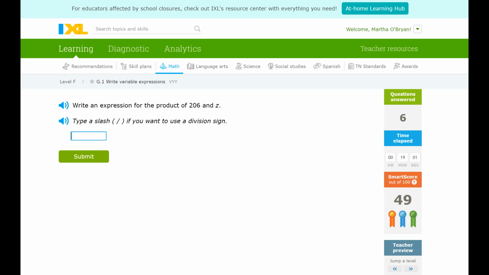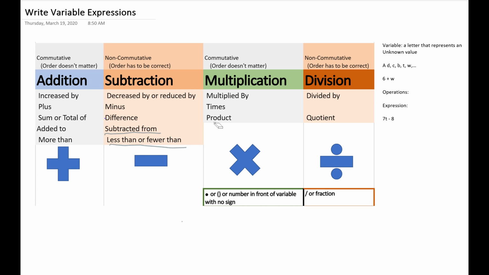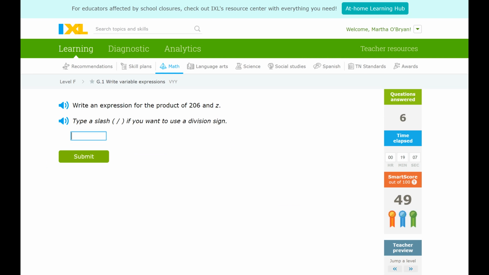So that word product, let's refer to our chart. Product is under the column for multiplication, so this is a multiplication problem. So what I'm going to do is put the number 206 and then I'm just going to put z right next to it. And that's implied multiplication, and that is definitely going to work.